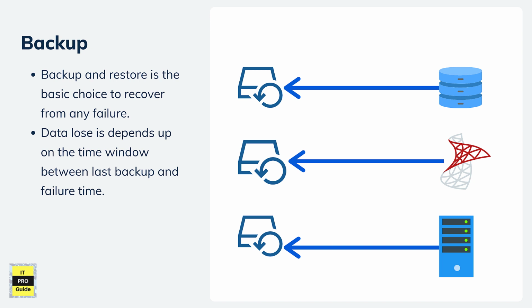If you take an image of the virtual machine, then restoring the image from the backup, all this is going to take some time. So your RTO, the recovery time objective, is going to be very high. If the application doesn't require a lower RTO, it is acceptable for your organization to go with backup as a solution for your high availability. And if the application goes down, it is okay to wait for another 1 or 2 hours to get the items back.